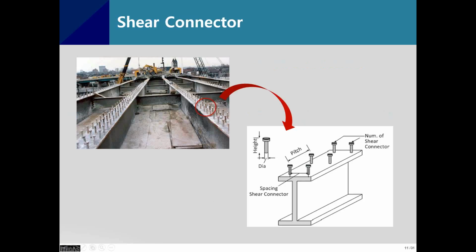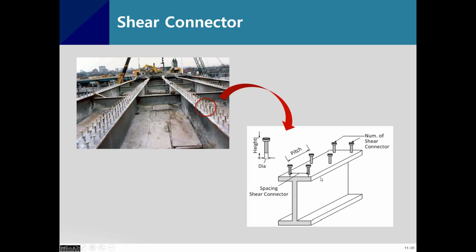Next one is shear connectors. So in order to have a perfect composite section, you might want to put in the shear connectors. This picture is an example. This one has three shear connectors in a row, and this one is from the Midas Civil Design Guidebook.